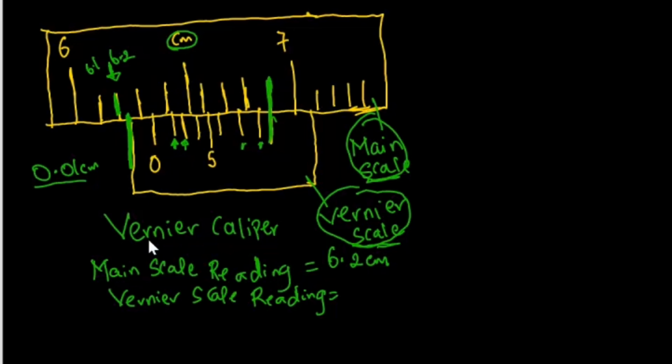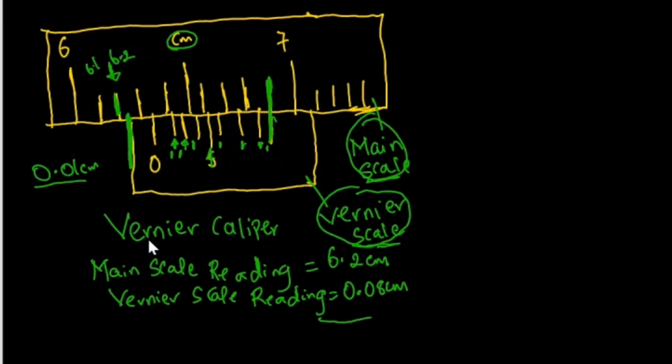So now we are going to read, this is 0, this right here is 0.01, 0.02, 0.03, or rather this is 0.04, 0.05, 0.06, 0.07, and then this is 0.08. So your vernier scale reading is 0.08 centimeter.